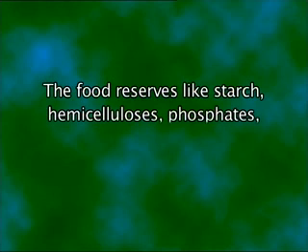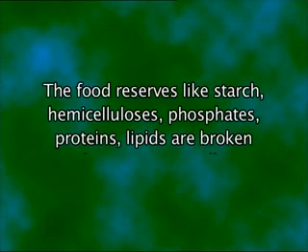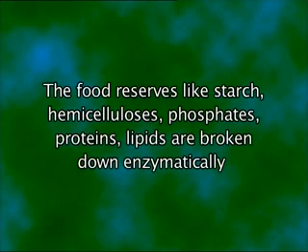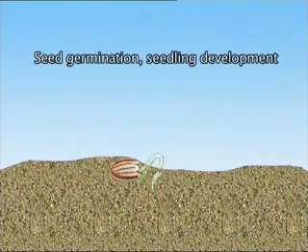The structures and enzymes necessary for this initial resumption of metabolic activity are generally assumed to be present within the dry seed. The food reserves like starch, hemicellulose, phosphates, proteins, lipids are broken down enzymatically and mobilized towards the developing seedling.